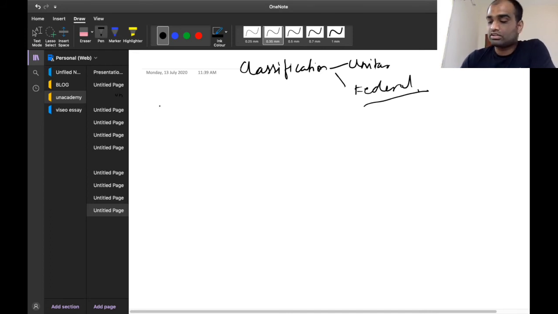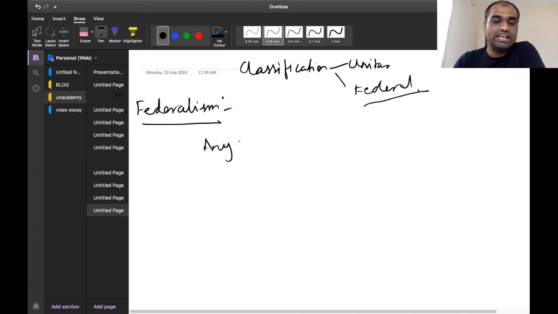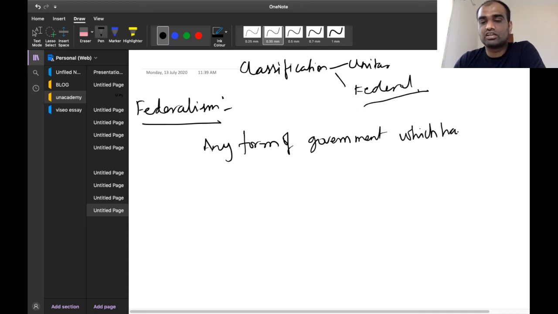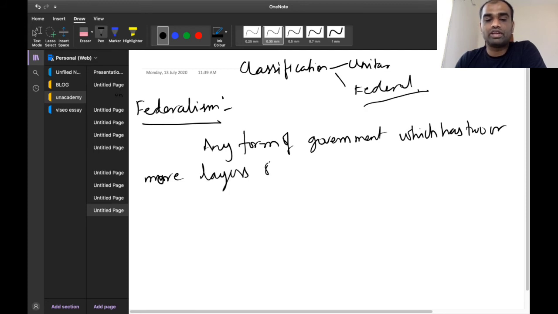Now if you look at the principle of federalism, federalism can be defined as any form of government which has two or more layers of government.